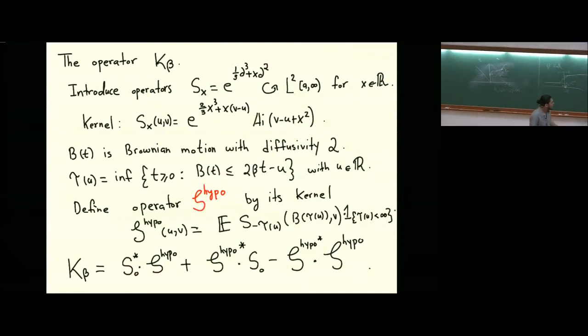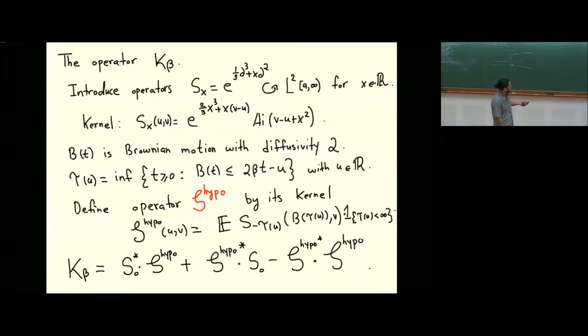Having done so, you're going to define an operator S hypo, which is an expectation of this S, where the parameters that you choose are minus tau, where tau is this hitting time, the location where the Brownian motion hits the curve, and then U and V. S hypo is defined in terms of its kernel, and the U and V are the U and V in the kernel.